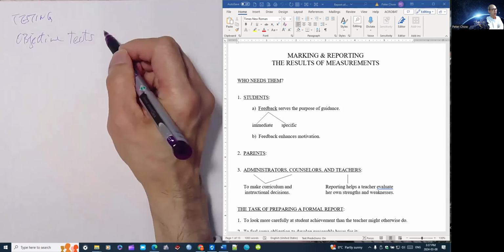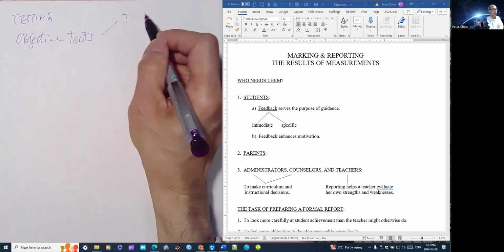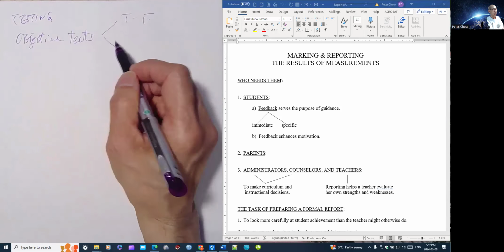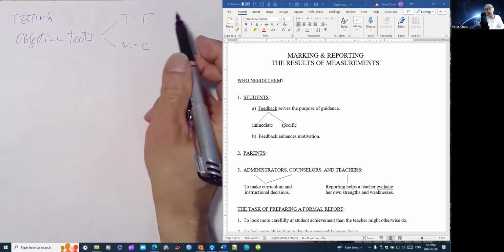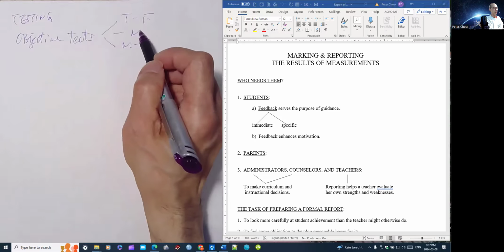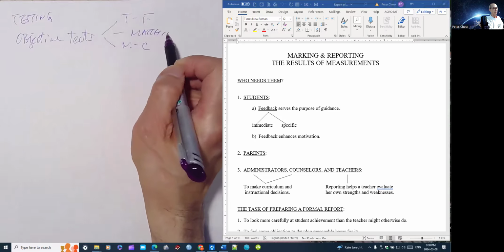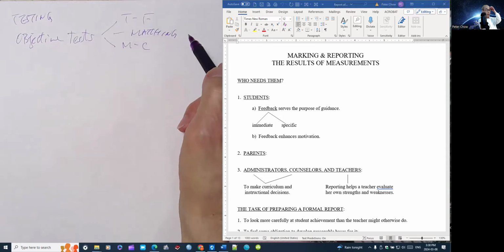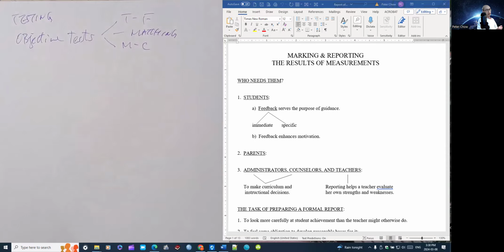Basically, we have true-false, multiple choice. Of course, we also have matching, but at this point matching is only conducted in elementary schools, elementary grades, not so much in high school.